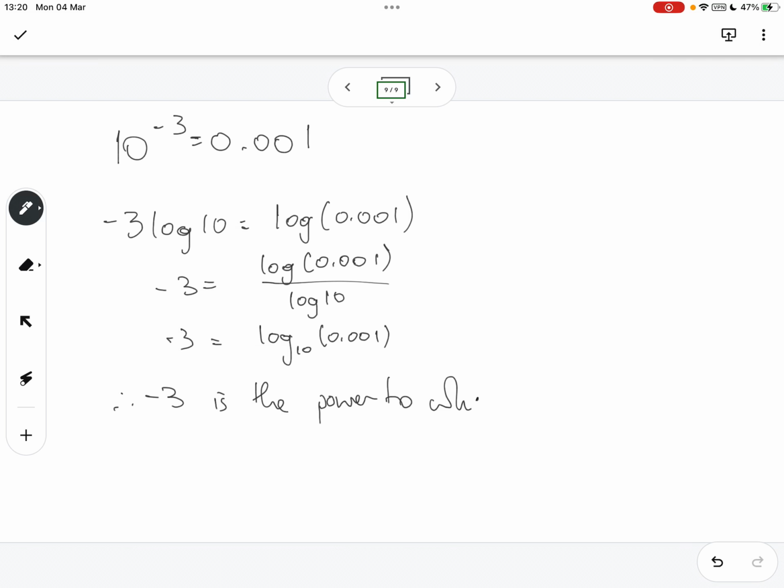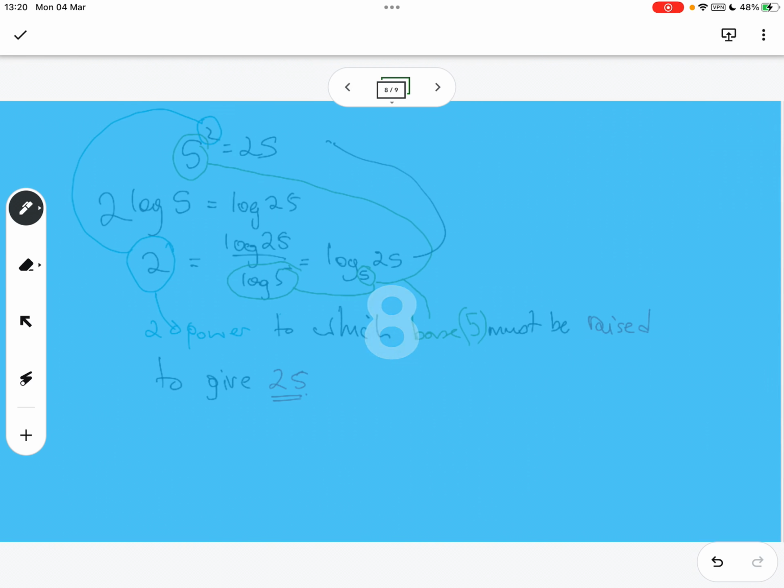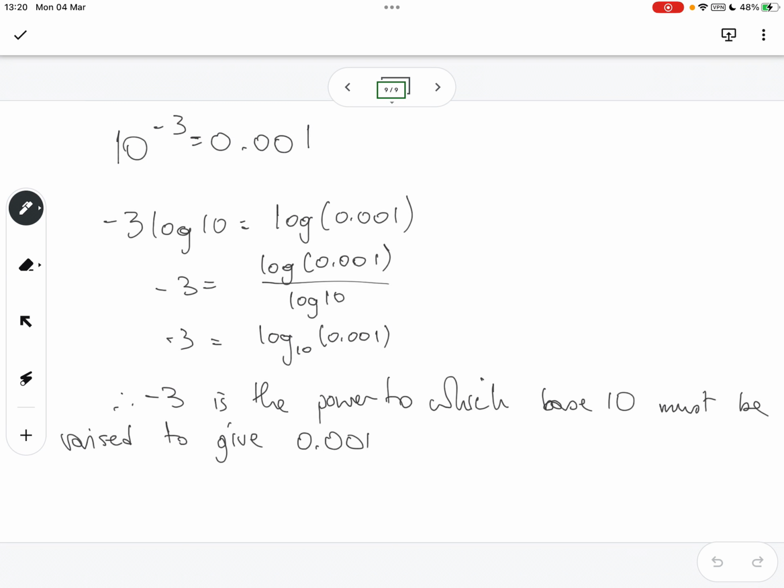Therefore, negative 3 is the power to which base 10 must be raised to give 0.001.